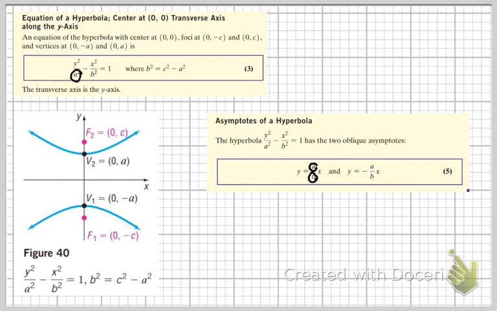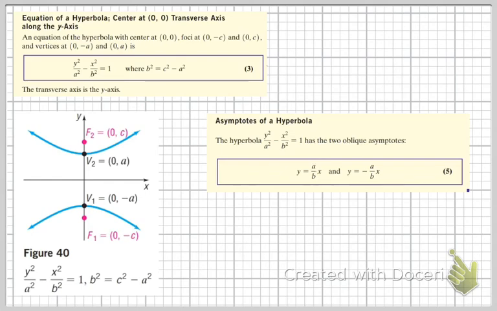And then my b is underneath my x. So that doesn't really change here. So I can always think about the number under the y being on top of this ratio over the constant underneath the x on the bottom. So that's a really nice thing that I can take from all of these.